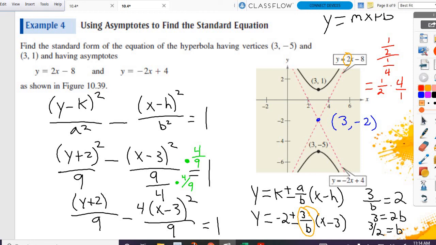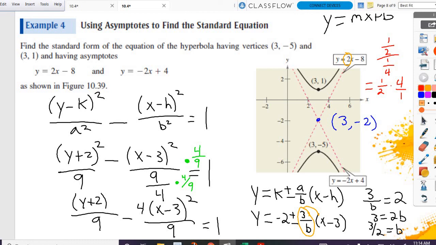Correct. It depends on which way you want to think about it. You're either reducing or you're switching this entire division bar to multiplication. Either way, you're going to get the same thing. On the bottom, you would get 1, and then 9 times 1 gives us 9, and 4 times all of this stuff gives us 4.